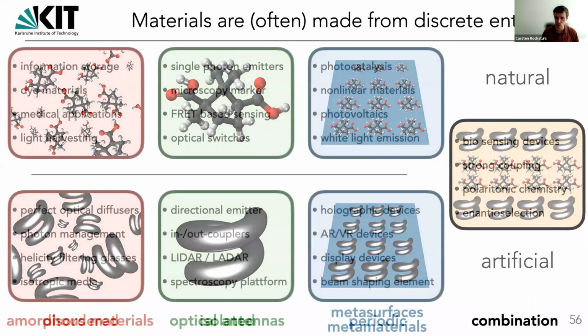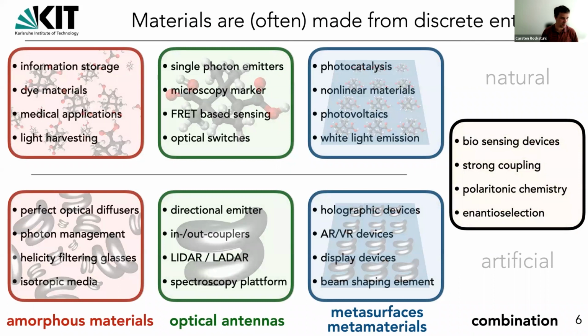Of course, we are doing this type of research mostly from a kind of basic science perspective. Yes, to understand and to explore how light interacts with those materials. But of course, many of our activities are also driven by specific applications. I will not read them out here in detail, but you will see in the ongoing presentation what type of applications we have in mind.